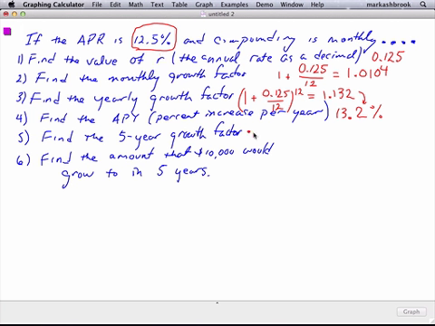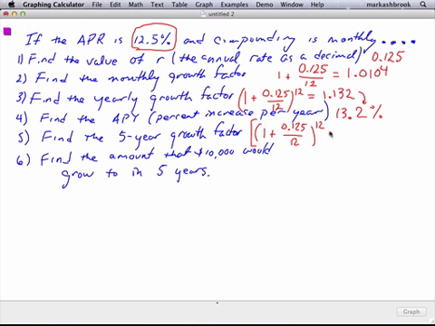Okay, 5-year growth factor. So if the 1-year growth factor is this, that's what we multiply our money by every year to get the new amount of our money. So what would we multiply it by every 5 years?